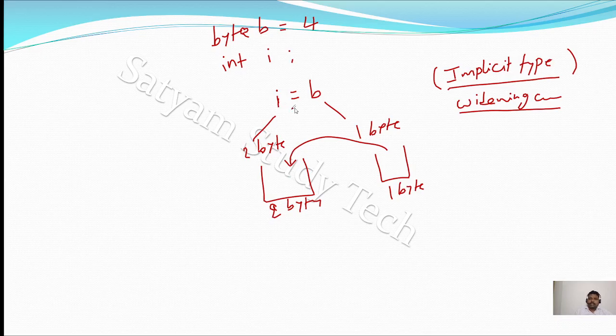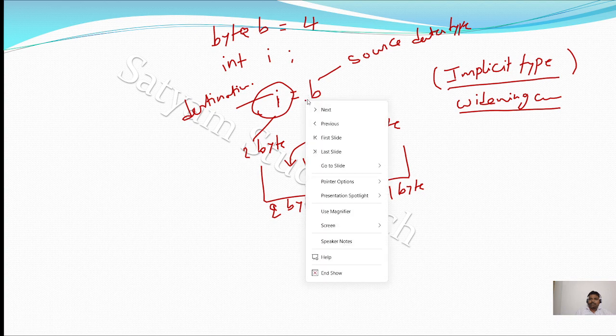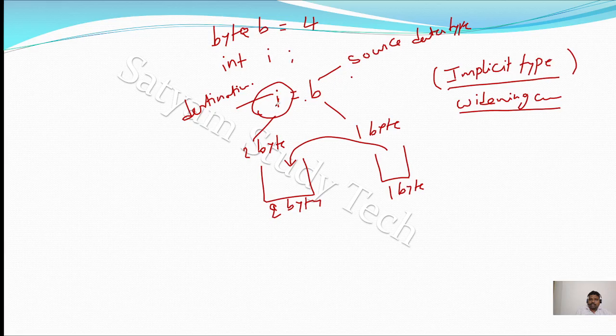So the definition of implicit type conversion is, here b is the source data type, and here i is the destination variable. Now what is the meaning of that?